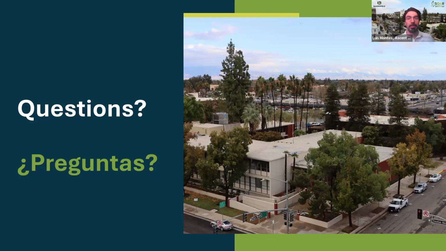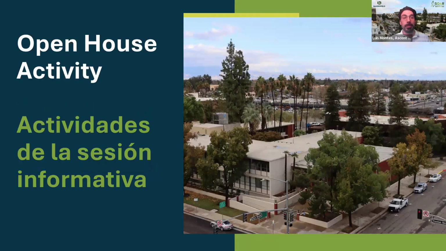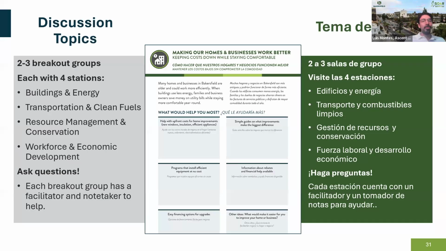So I appreciate the questions that did come up, and I think it's time to transition to the open house activity, which we'll be doing on Mural. It'll be our group activity. I'll provide a quick overview, then a quick demonstration, and then we'll divide into breakout groups. There will be about 2 breakout groups, and in each there are 4 stations or topics.